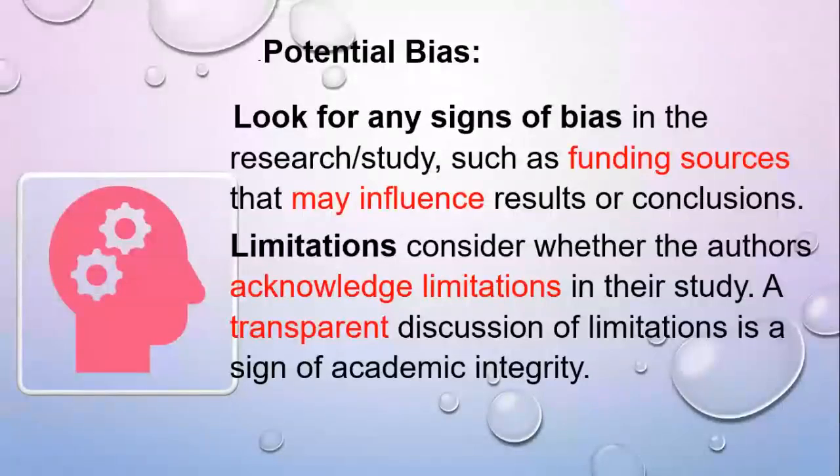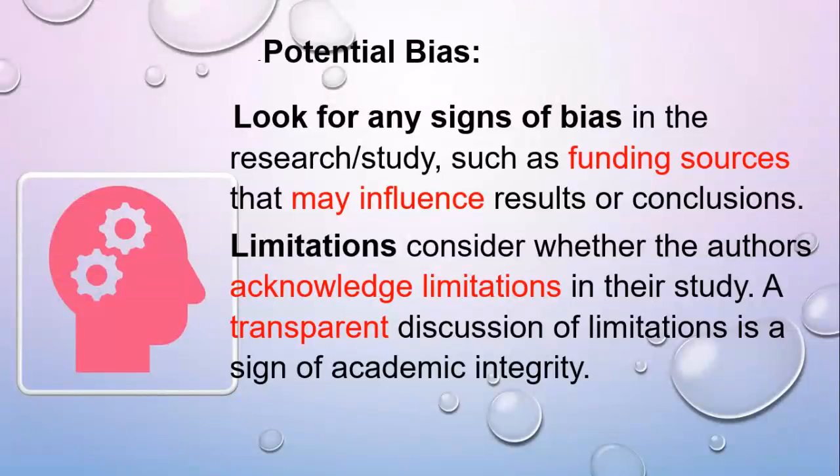In a study, sometimes funding sources and sometimes the researcher's beliefs can affect results and conclusions of the study. So we have to look for signs of potential bias in the study that we are about to choose for our literature review.